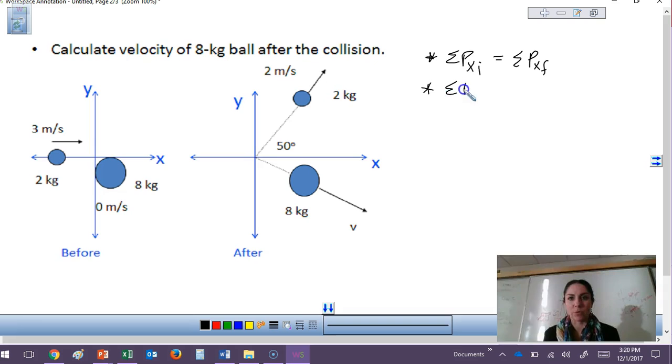We're going to look at the horizontal momentum to help us solve it, but then we'll have to notice that this is part of a triangle, right? So we're going to have to use the Pythagorean theorem. From this we can get the velocity x and y components to solve the problem. So let's figure out what's going on here.